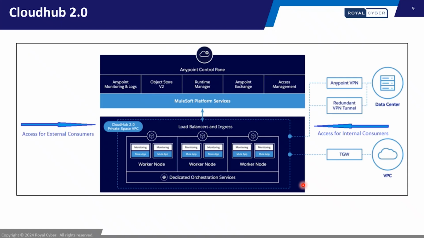While if you prefer to migrate from RTF Appliance or CloudHub 1.0 to CloudHub 2.0, then CloudHub 2.0 is a fully managed containerized integration platform as a service, iPaaS, where you can deploy APIs and integrations as lightweight containers in the cloud.